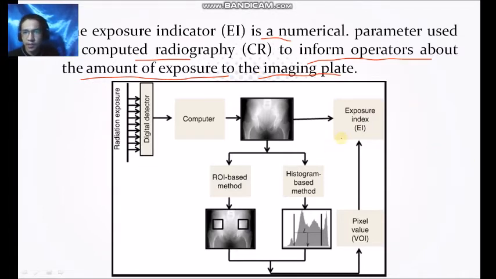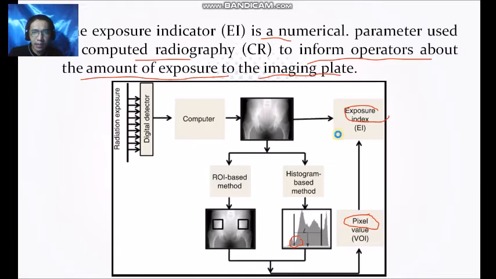Okay, so like for example, the exposure index for a specific pixel. How much does this pixel represent? If the pixel represents a black color, how much exposure did it receive? If the pixel represents a light gray color, how much exposure did it receive? So that is basically the exposure indicator.